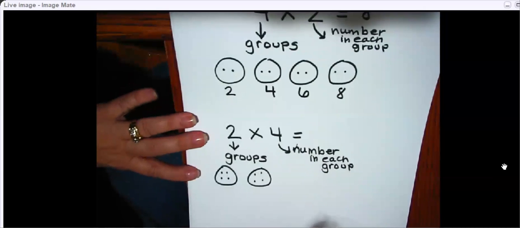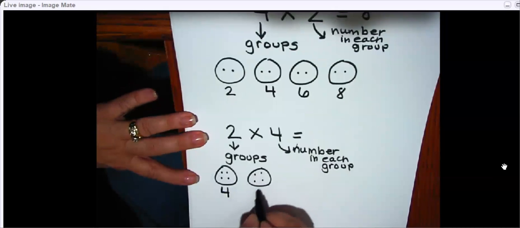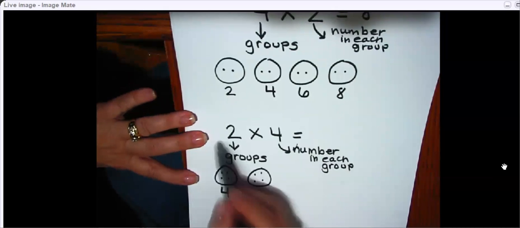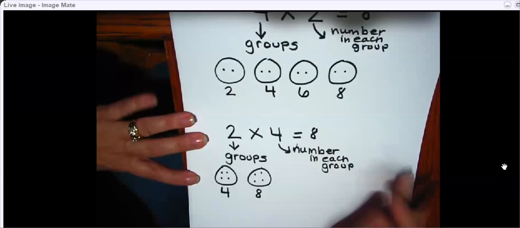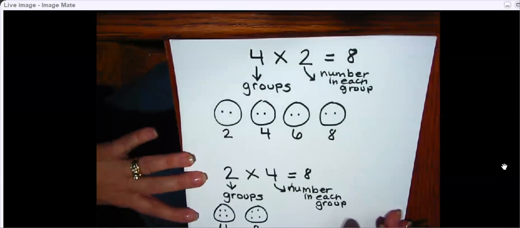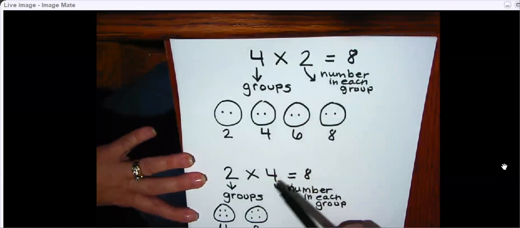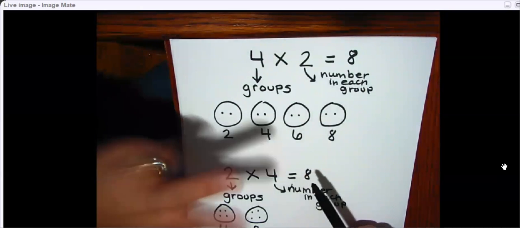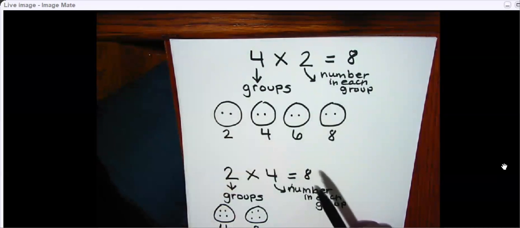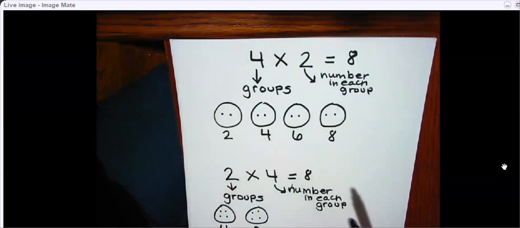And now I'm going to count them. So 1, 2, 3, 4, 5, 6, 7, 8. So again, 2 times 4 is 8. And it didn't matter which number I put first. 4 times 2 is 8, but also 2 times 4 is 8. I can switch them around, and I still get the same answer.